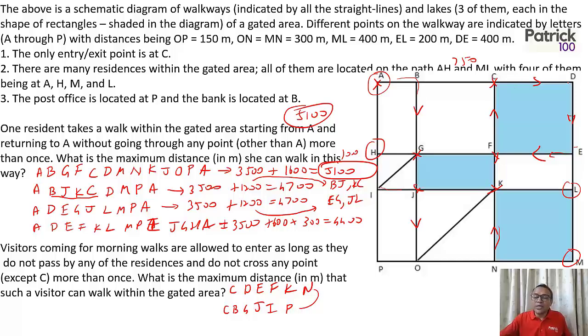So I go from C to D, which is 300, D to E 400, right? Then I again come back 300, right? Then I go from E to N. E to N will be 600. So I'll write down the whole distance which is there. So I already have 300 plus 400 plus 300.